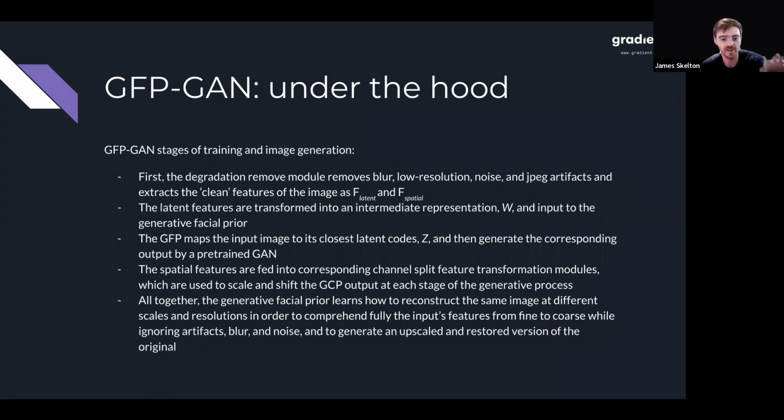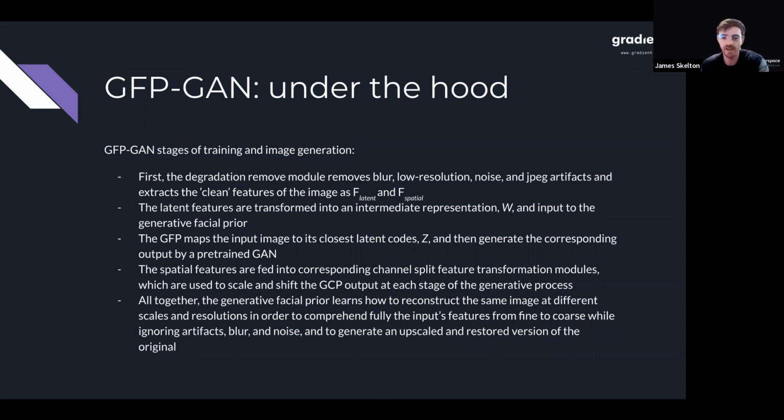First, the degradation removal module removes blur, low resolution, noise, and JPEG artifacts while extracting the clean features of the image as F-latent and F-spatial. The latent features are then transformed into an intermediate representation W and input to the generative facial prior.